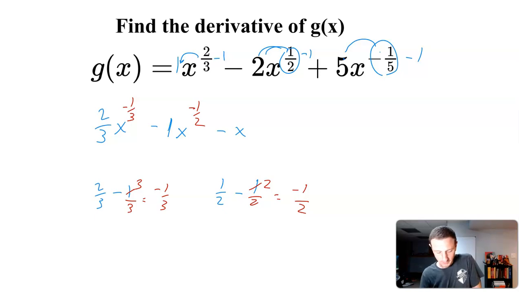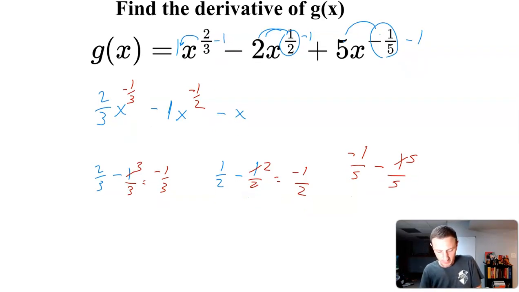Be careful, this is negative 1/5. So negative 1/5 minus 1. That's going to be over 5. Negative 1 minus 5 is negative 6 over 5. So it's negative x to the negative 6 over 5.